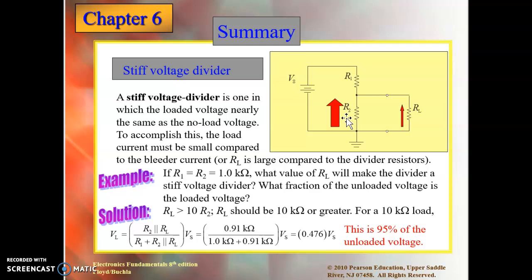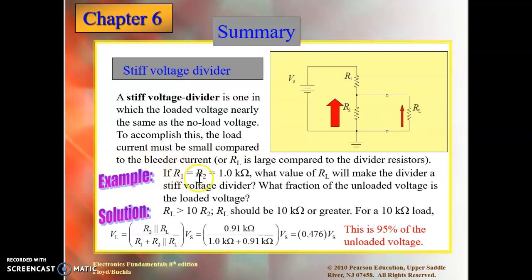This is an interview question that your employer will ask you. What is loading effect? How can you prevent loading effect? The way you prevent it is by making sure that your RL is 10 times larger than your R2, or your R2 is 10 times smaller than your RL. Whichever way you want to put it, it is the same thing.